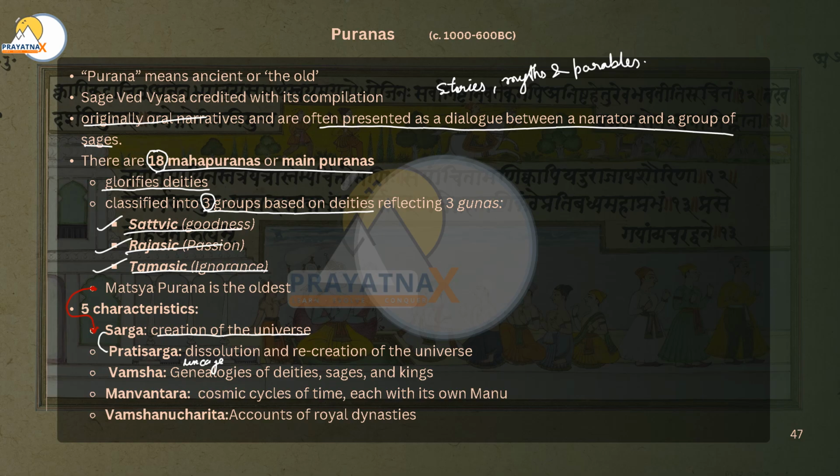Manvantara is basically the cosmic cycles of time. Each of these has its own Manu. Vamshanucharita is basically the accounts of royal dynasties, specifically the solar dynasty and the lunar dynasty.